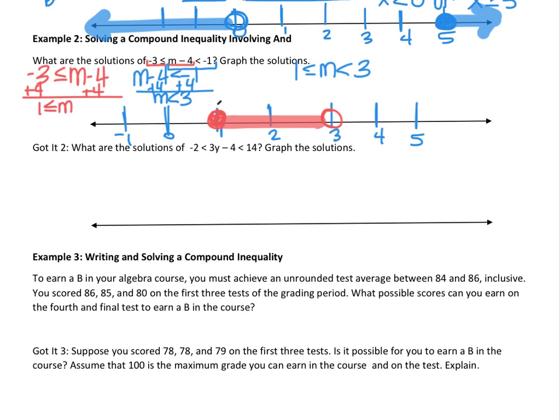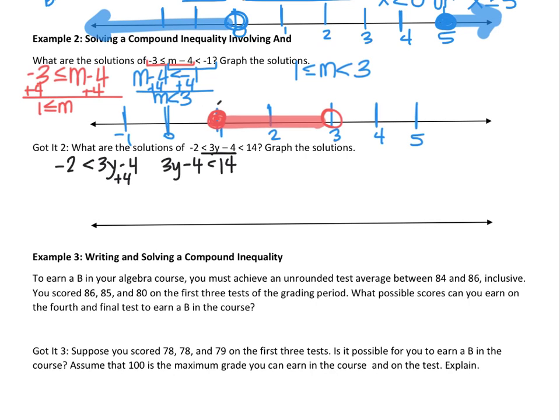Okay, got it, number 2. Pause the video, do this one on your own, and I'll show you the answer in just a second. Alright, you want to split your inequality up so it's two separate inequalities. -2 less than 3y minus 4, and 3y minus 4 is less than 14. Take what's in the middle and use it twice.